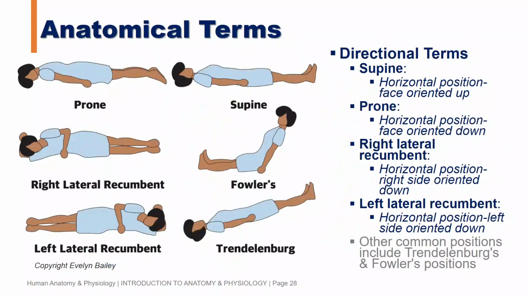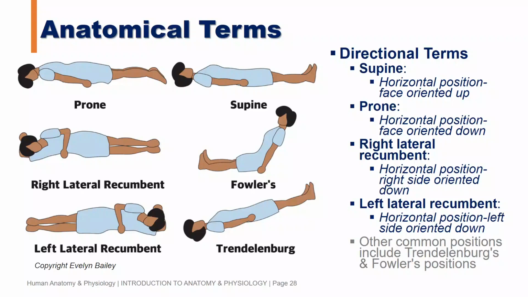And then we have here the supine, which is a horizontal position with face oriented up. Then we have prone, a horizontal position, or you are basically lying down with your face oriented down.